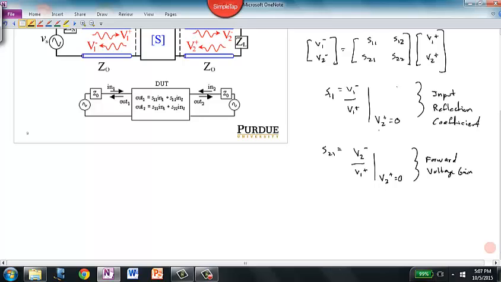Let's look at the other two S parameters. S12 is equal to V1 minus over V2 plus evaluated under the condition that port 2 is the sending port, so V1 plus is equal to 0. This is called the reverse voltage gain.